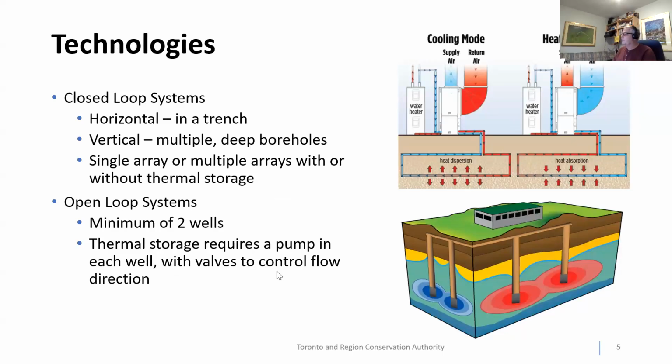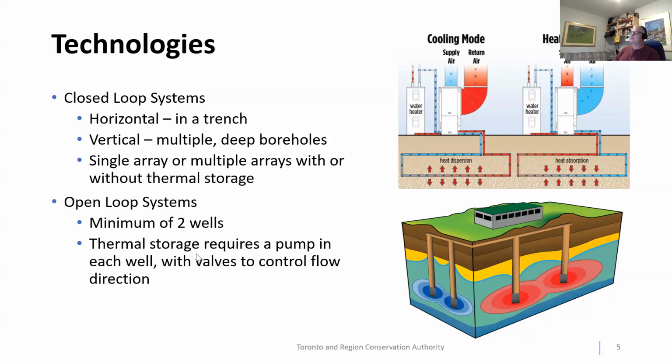That's what it looks like in pictorial form with cooling mode, heating mode of an open loop system in this case. And you can see the thermal energy storage here on the right, lower right, with the warmer wells and then two cooler wells over on the left.